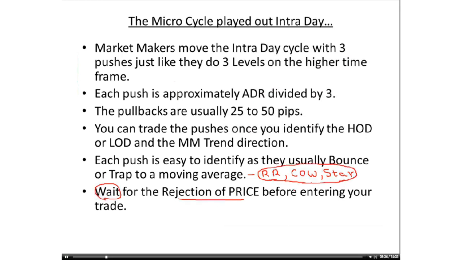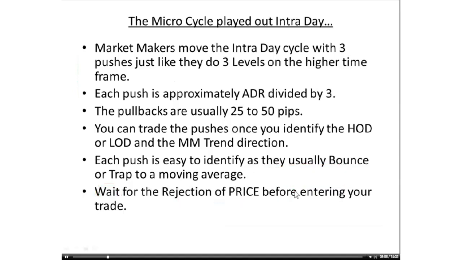Okay? If you have a nameable pattern and you took the trade and the trade failed, which I'll show you an example of, you still did what you're supposed to do. You're supposed to trade a setup. You're not supposed to make stuff up. All right?